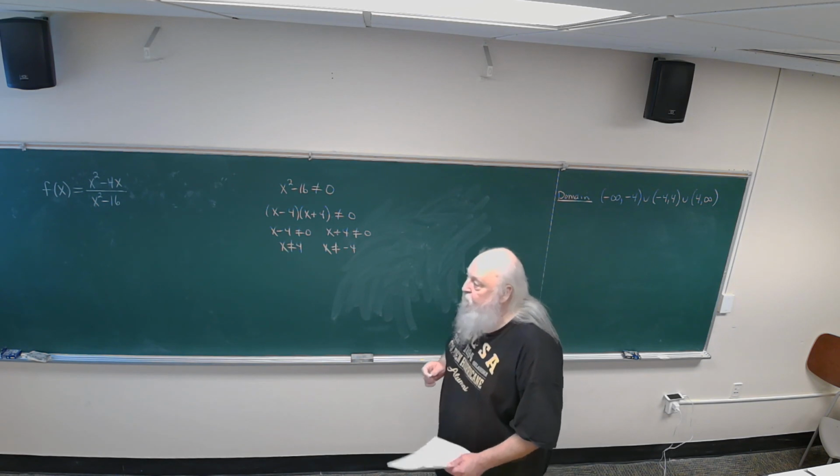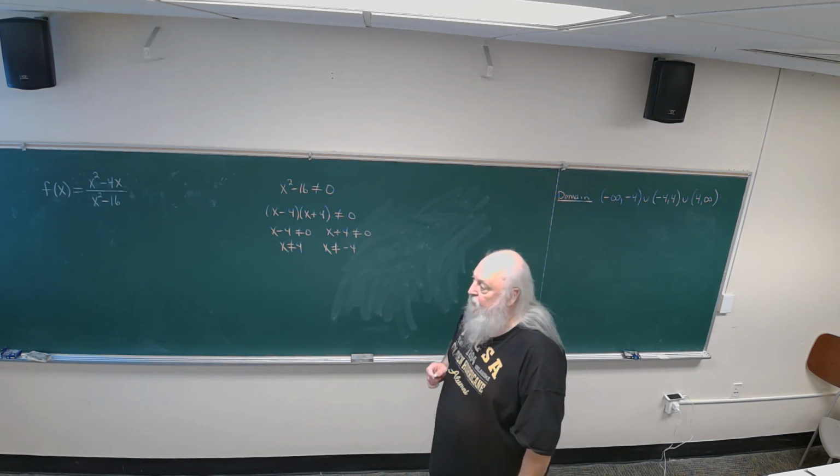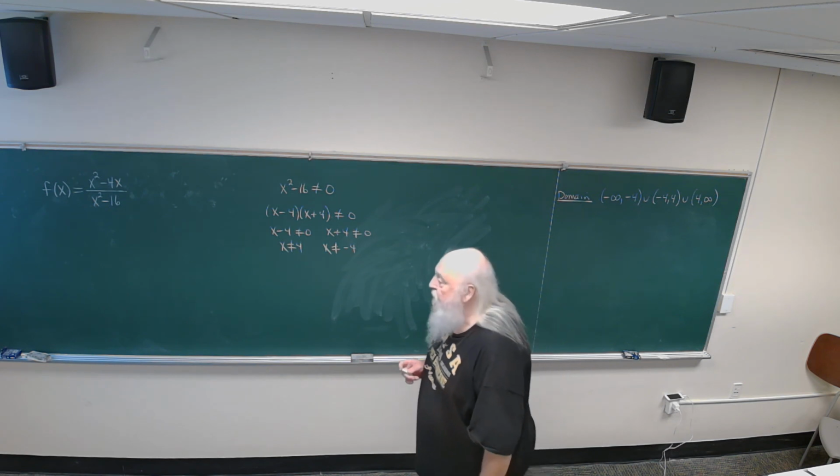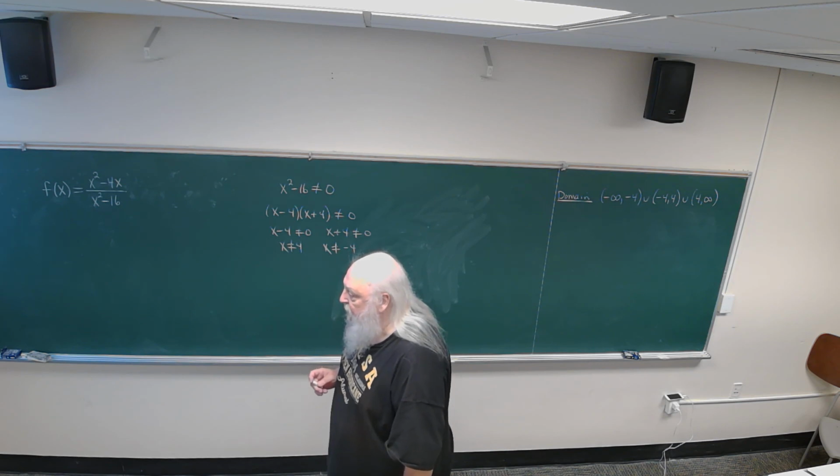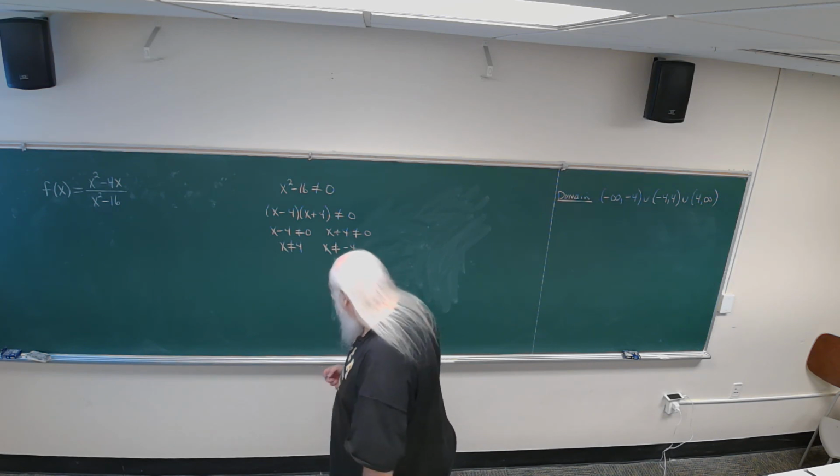The range, we've got to save for last, until after we graph the rational function. Okay. The next item is the coordinates of the x-intercepts and the coordinates of the y-intercept.